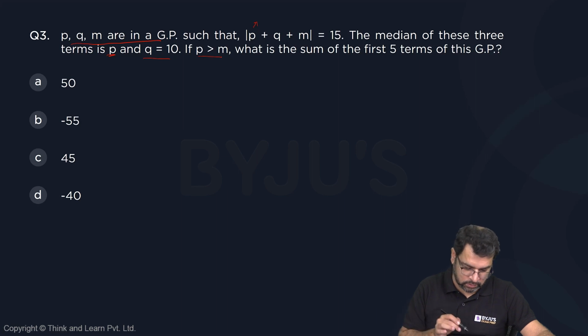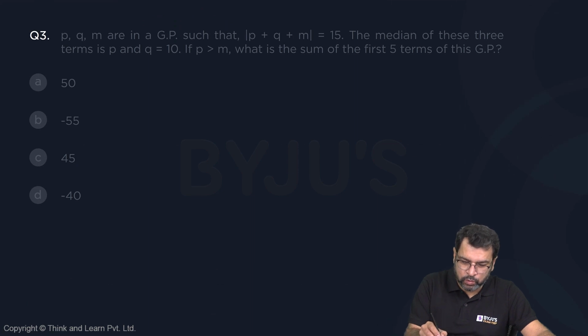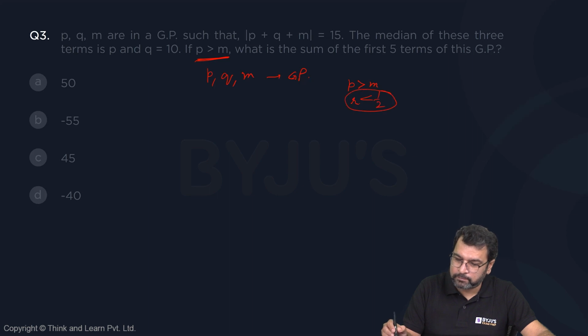Okay, tricky question. Let's see how we can do it. So when we say P, Q, M are in GP, and here it is written that P is more than M. If P is more than M, right, can I say that the common ratio, if it is positive, let's say, is less than 1, because it's a decreasing GP?